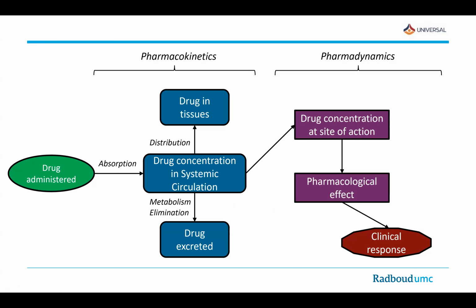So these processes together, the absorption, the distribution, the metabolism, and the elimination are the pharmacokinetics of a drug. So drugs in the systemic circulation that are unbound are free to move to the site of action and can subsequently cause a pharmacological effect. The concentration of a drug at the site of action, as well as the actual pharmacological effects and the clinical response together, are the pharmacodynamics of a drug, as you can see here.